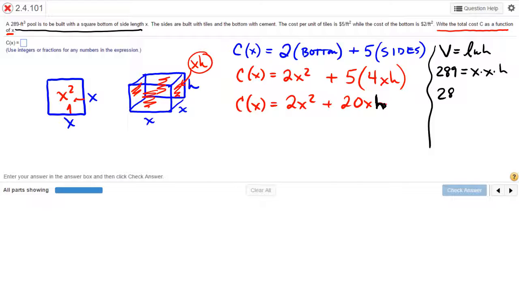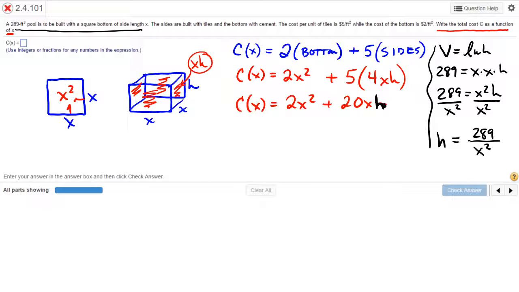And so what we have here is really a correlation or a function in terms of x and h. What we really want to do is substitute the h variable in there. So we're going to divide both sides by x squared. So now we have a relationship between x and h, which is this right here, and let's substitute.